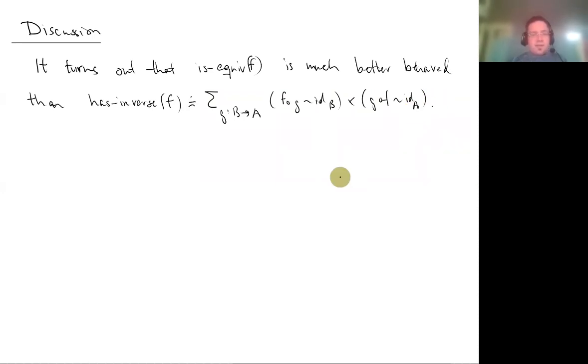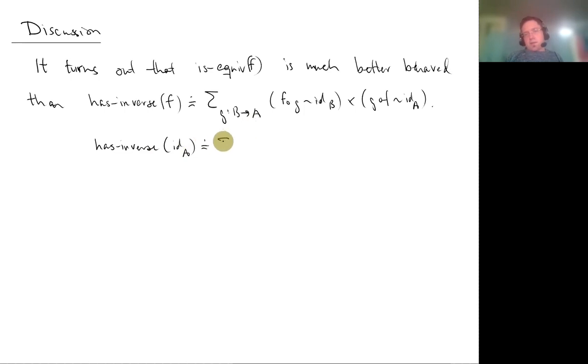And we can't really explain why yet, but I can give you an indication. For sets, it doesn't really matter. But let's look at it in the special case where f is already the identity function. So we look at has-inverse of the identity on A.